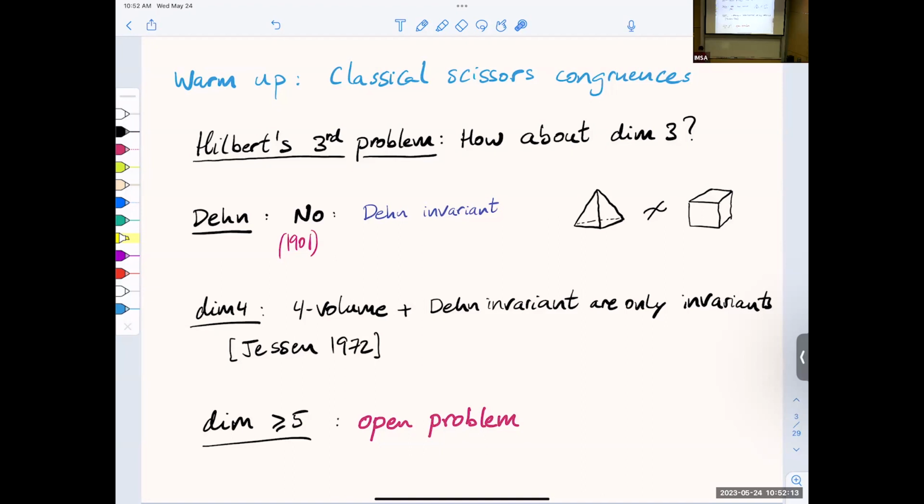Cut and paste problems need a good framework to understand them. And K-theory, morally, philosophically, is a good approach, because it's a divide and conquer approach.